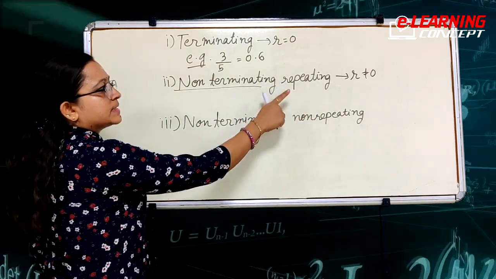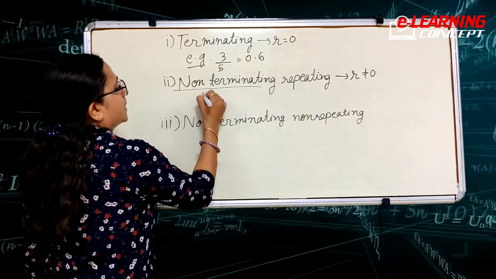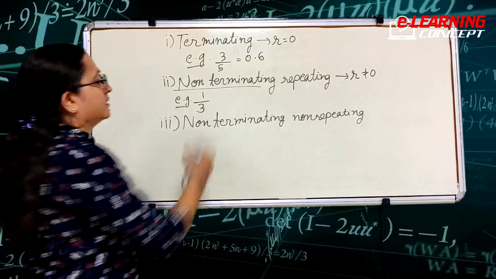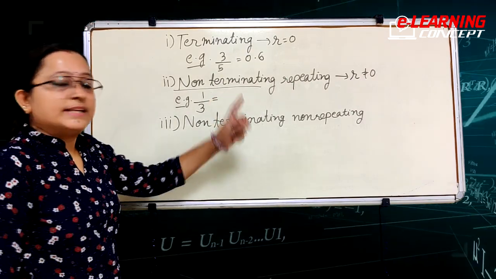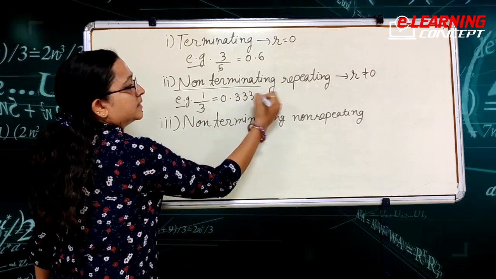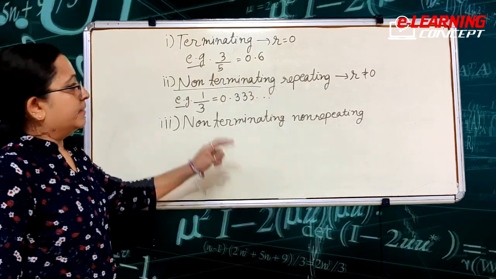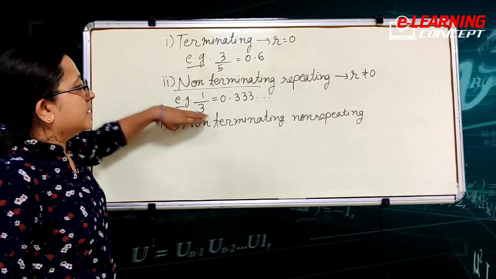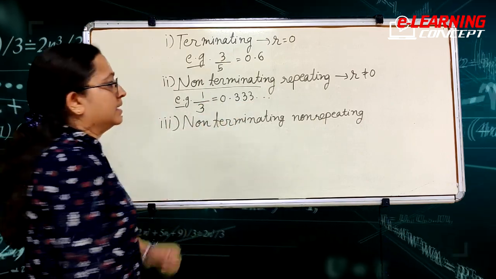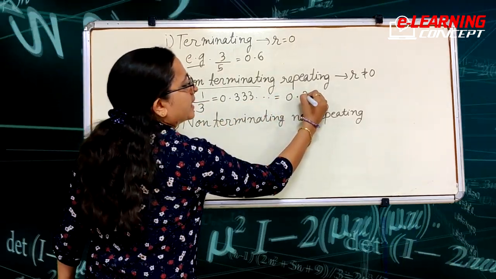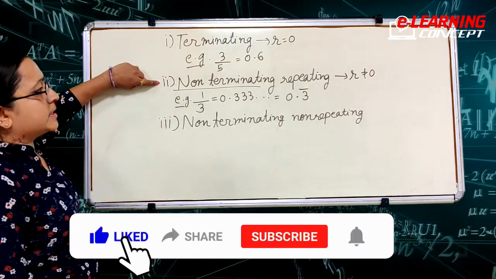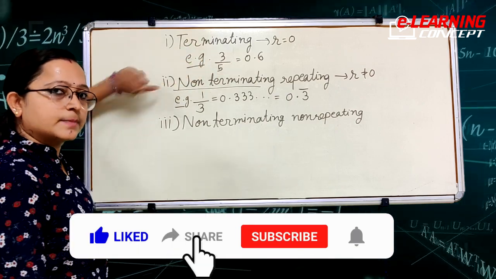When the remainder is not 0, whenever you divide, for example 1 by 3, you will not get remainder 0 and keep on getting 3, like 0.333 up to infinite. Division is not terminated here, and you are getting repetition of the single digit 3. You can even write 0.3 bar. So this kind of decimal expansion is non-terminating repeating decimal expansion.